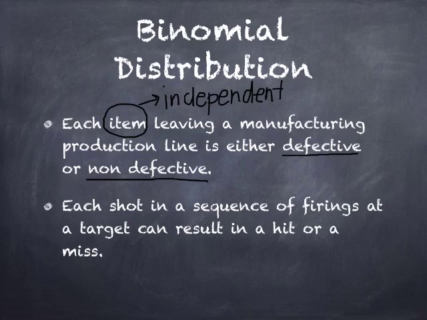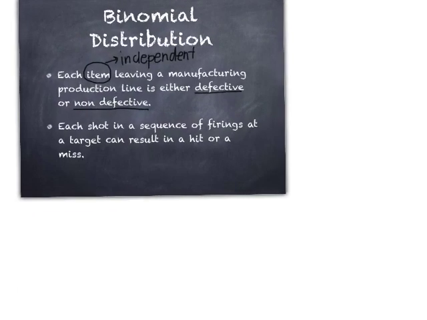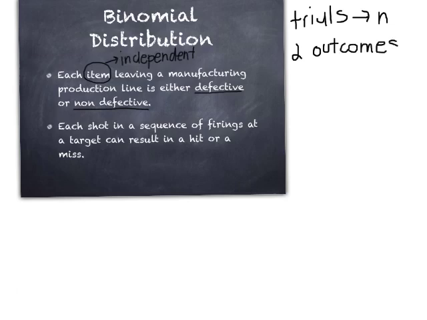The other thing that we see here is that each item should have some probability. So I'm going to write it here. We have different trials. In this case, we are going to note this as n, so you have n trials. You have two possible outcomes. In the case of the production line, we are talking about defective or non-defective.